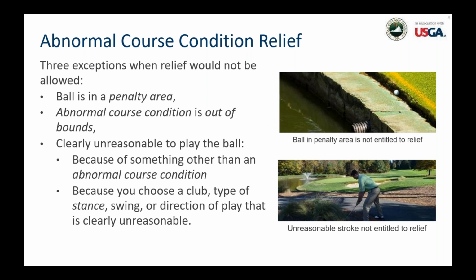So we see the player in the bottom picture stretching their stance a little bit more than should be necessary because their ball is within that bush and they're trying to convince someone that they have interference from this abnormal course condition, in this case, the cart path. And because he's stretching his stance, he's not going to be entitled to relief from that.